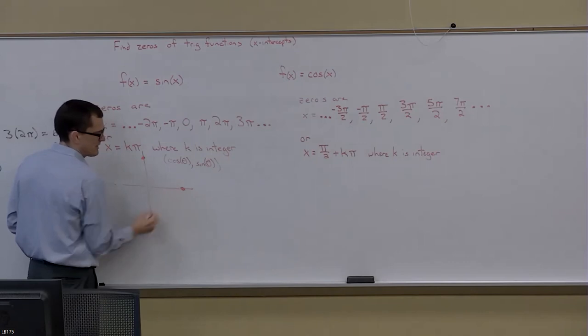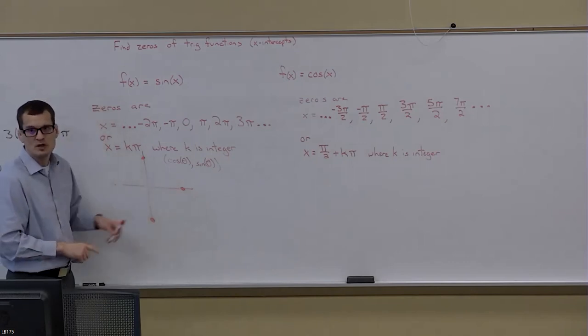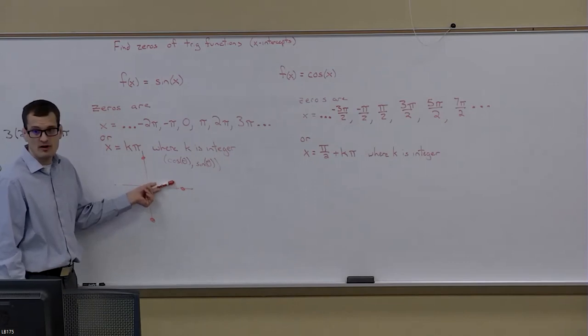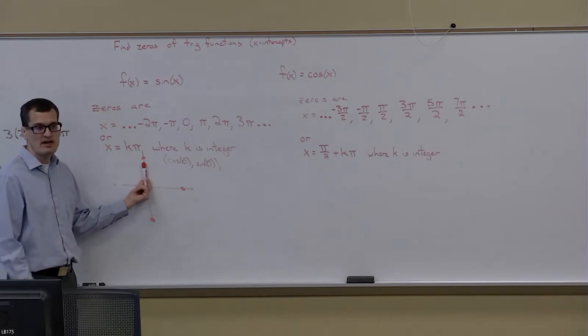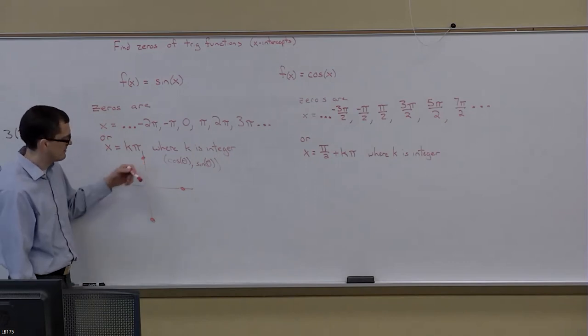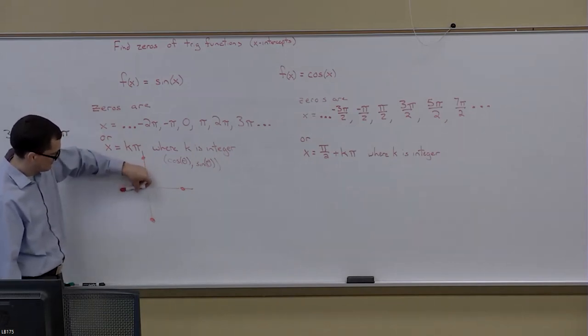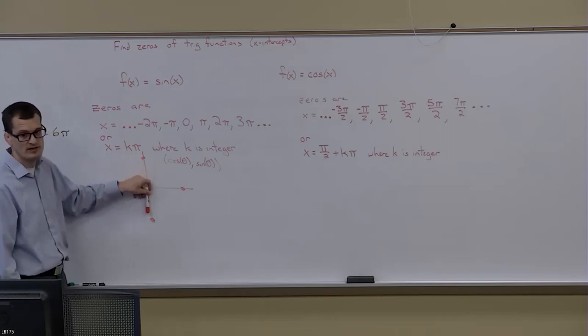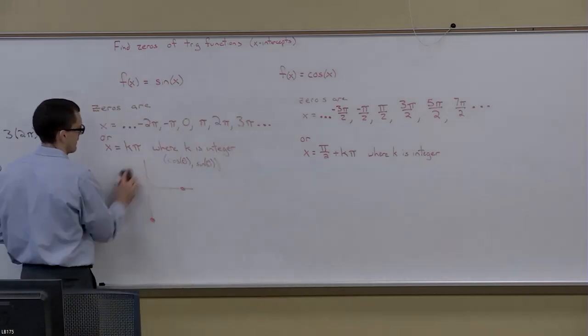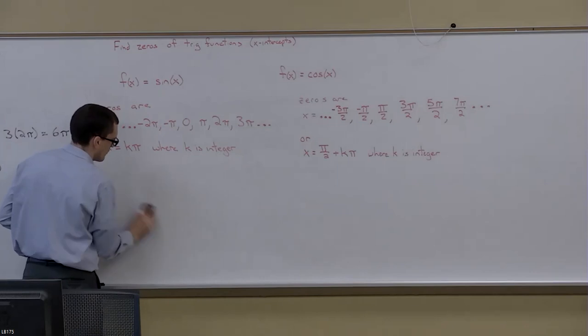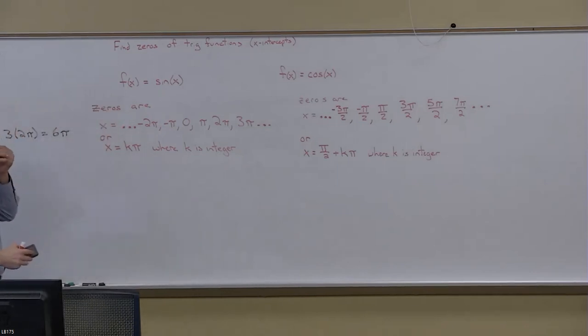That should make sense, because every time we have a sine value that gives us 0, if I rotate by pi over 2, now I have a cosine value that gives me 0. So those are the inputs that give me zeros for my sine and cosine.